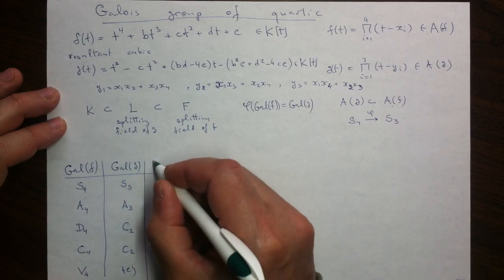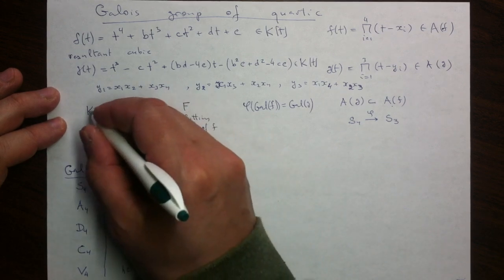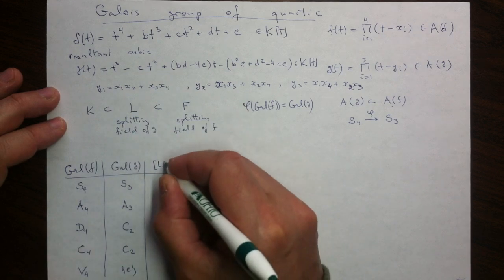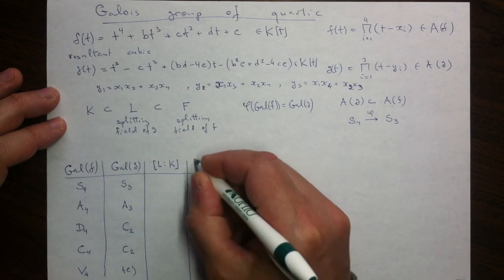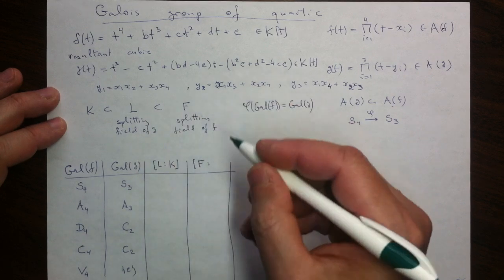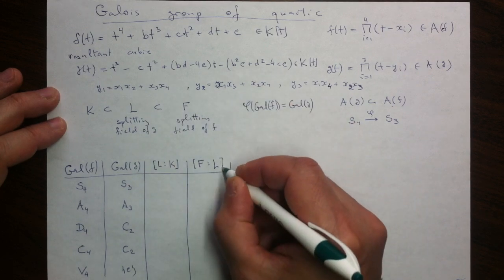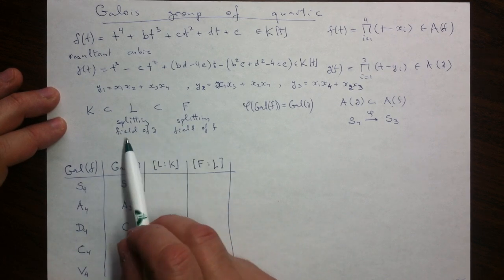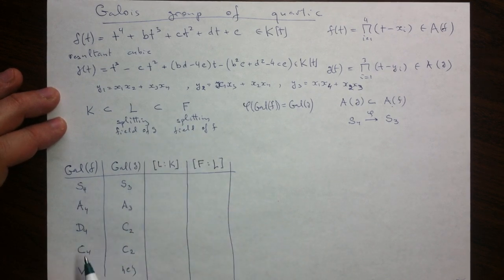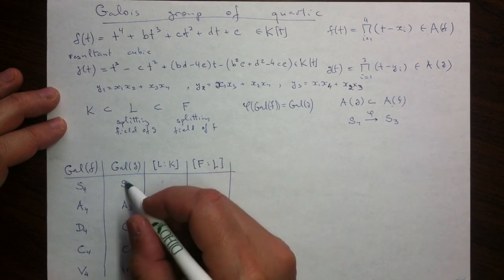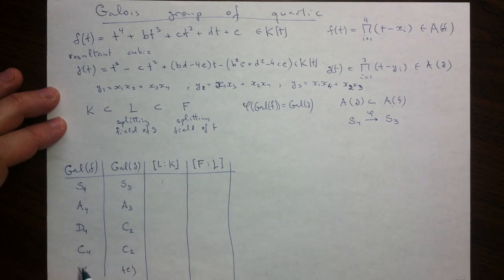The degree of the extension from the base field to the splitting field of G, I will list first, and then this column will be the degree of this step in the chain. It will be the degree of this extension, extending the splitting field of G to the splitting field of F. So here this degree is the same as the order of the Galois group.